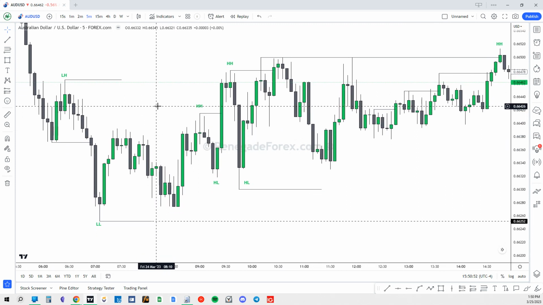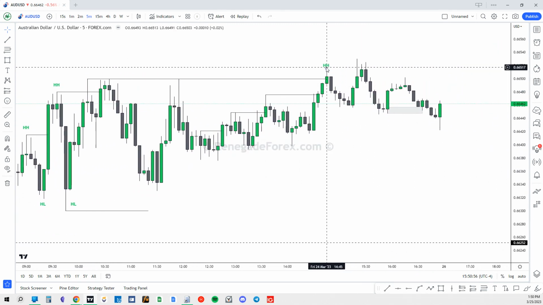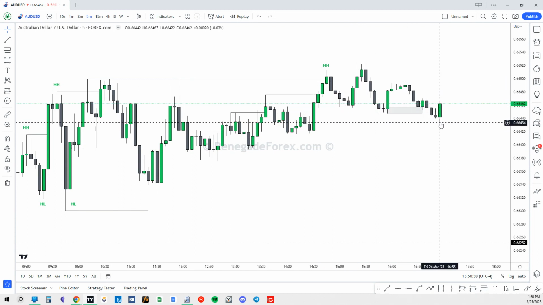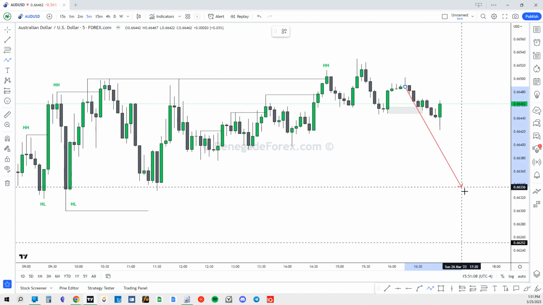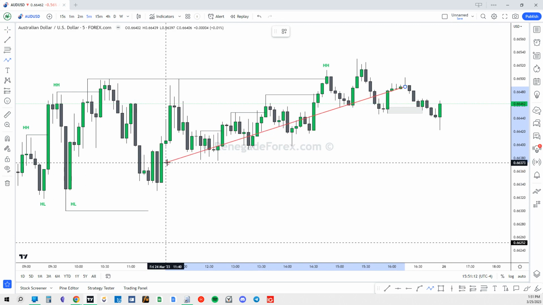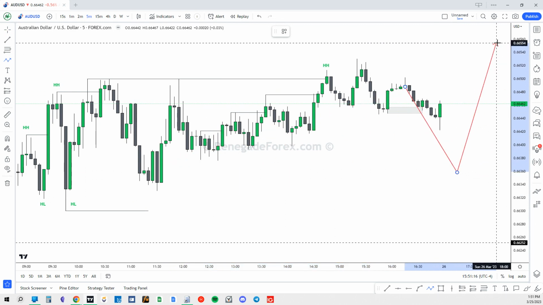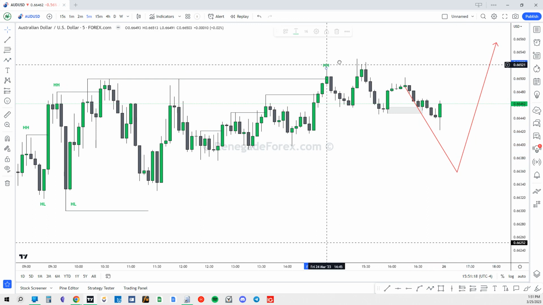So to continue on with the video, we do then have a higher high formed here. And at this point in time, price is actually, this was last Friday, yesterday. And so price at this point in time, we can assume is going to pull back down into this newly created range and trade to make a higher low, and then continue to make a higher high until it doesn't.